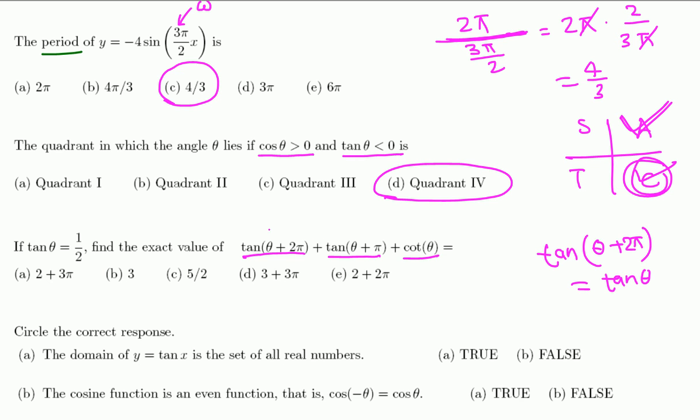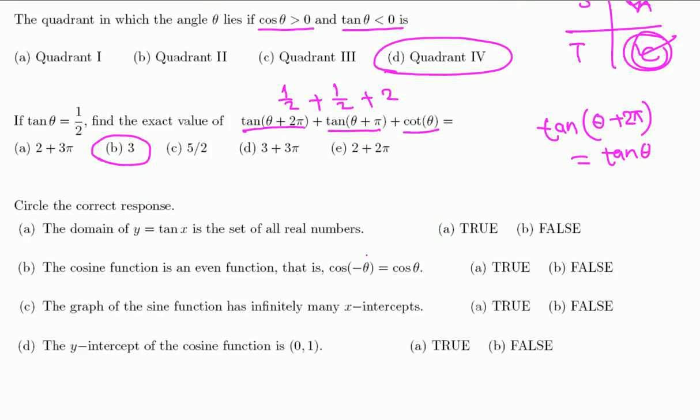So this is 1/2 plus, theta plus pi, same thing as tangent theta, 1/2, plus cotangent theta. Cotangent is in fact the reciprocal of tangent, and tangent is 1/2, so the reciprocal is just 2. So 1/2 plus 1/2 is 1, plus 2, 3.